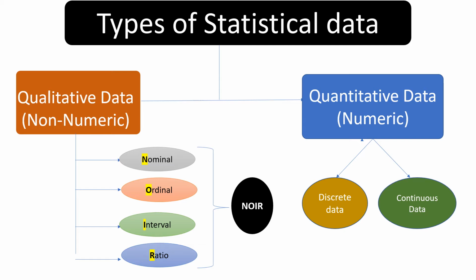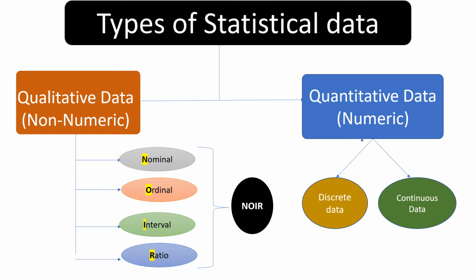It's ordinal when it has a rank, it can be sorted. It's interval when it has a starting point and ending point, it has an interval. It's ratio when it can tell the proportion of A to B.